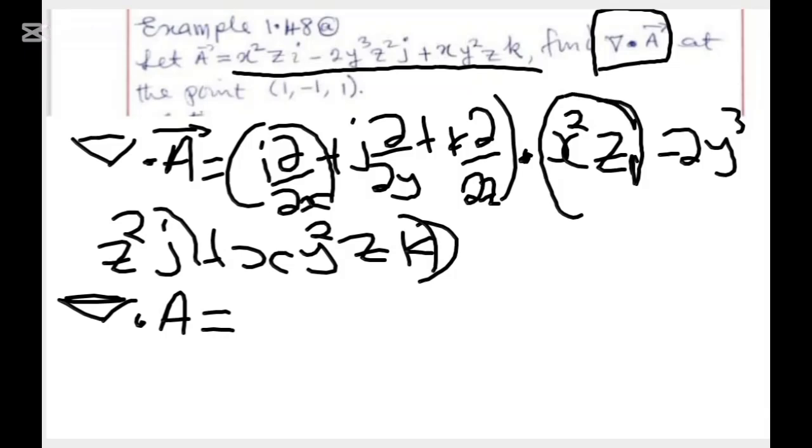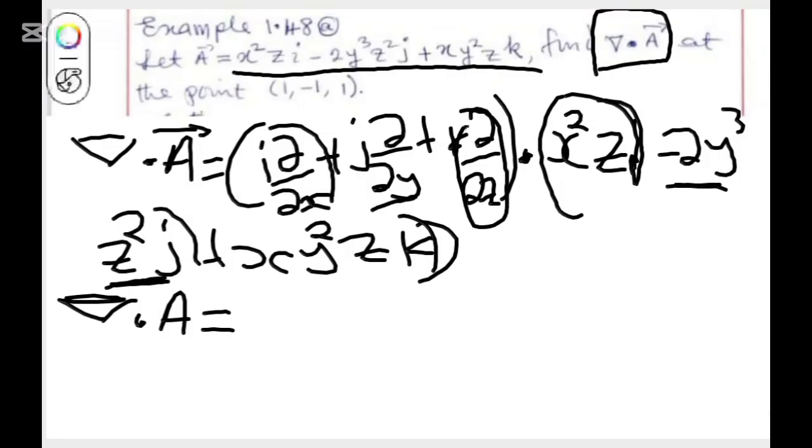I have to differentiate this i part with x, also differentiate this j part with y, and also differentiate the last part with z. So at the end, if I differentiate this with x, I'll get 2xz.